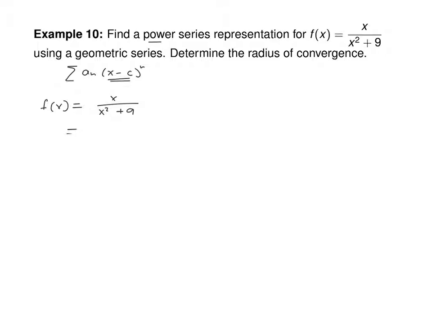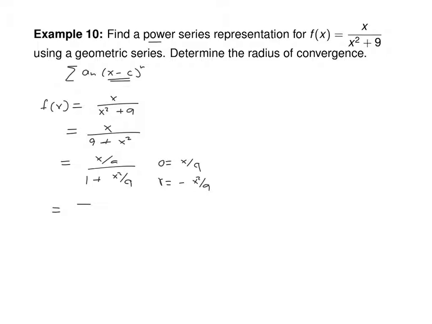You have to rewrite this as x over 9 plus x squared, and you have to write this then as x over 9 over 1 plus x squared over 9. And then you can use a geometric series with a equals x over 9 and r equals negative x squared over 9.